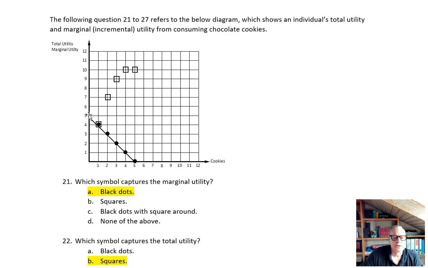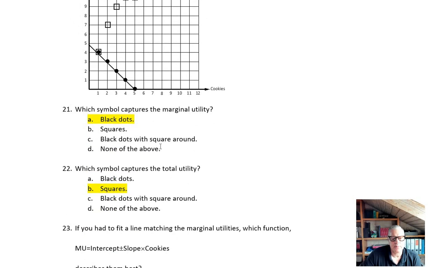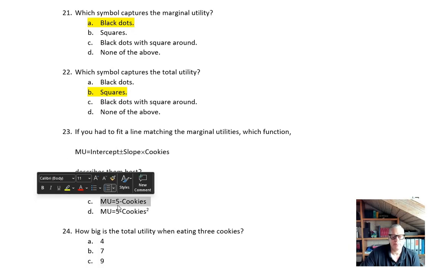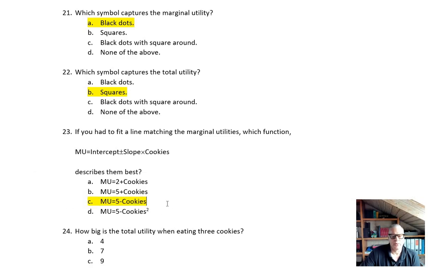Obviously the intercept is 5 and the slope is -1. So the marginal utility is best described by 5 minus cookies, or if you prefer, minus cookies plus 5.